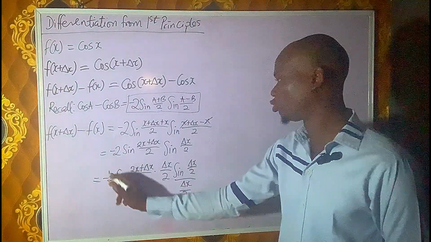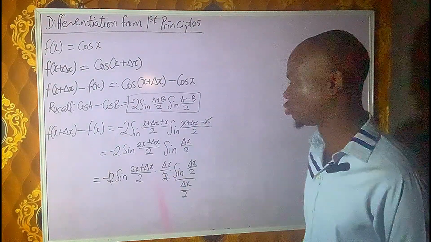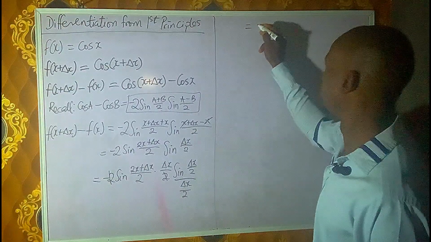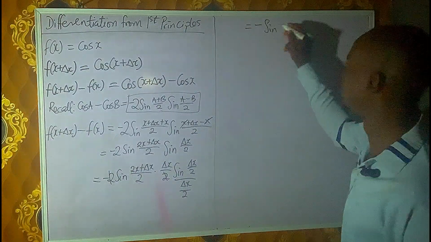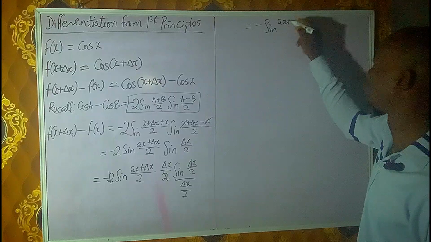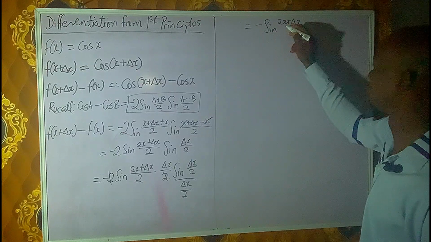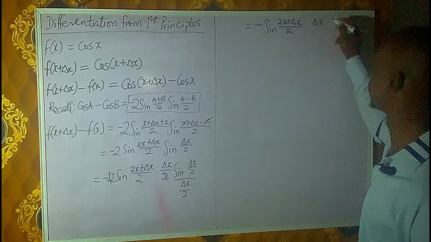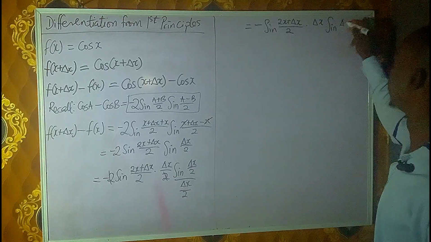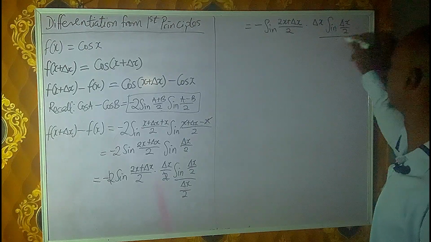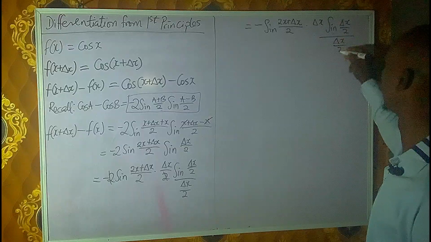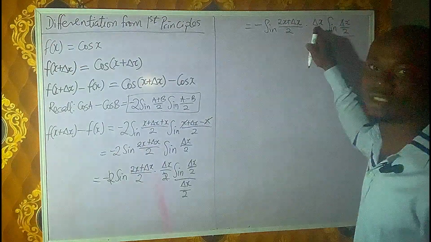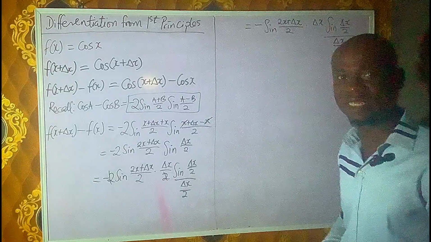So from here now, 2 can cancel these 2, leaving us with minus sine of (2x plus change in x) over 2, times delta x times sine of change in x over 2 all over delta x over 2. So this is a special limit now, and this is a free delta x. So I can move to the next step.